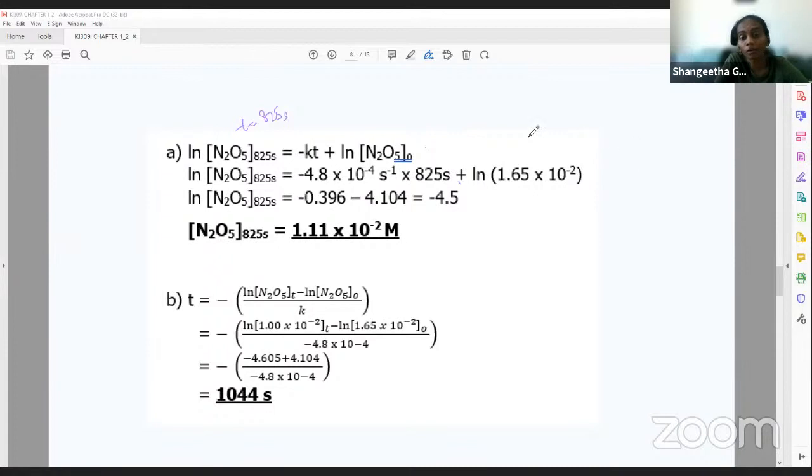When you plug in all the values into the expression, you will get ln [N2O5] at 825 seconds equals negative 4.5. Then when you use your calculator, you will get the concentration of N2O5 at 825 seconds equals 1.11 times 10^-2 M. So from here you can see the most important thing that you need to know.